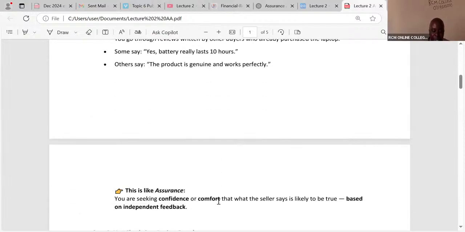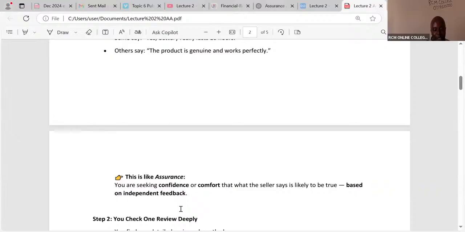All right, so this is like an assurance. I'm now being assured, I'm getting comfort from many people giving testimonies. You are seeking confidence that what the seller says is likely to be true based on independent feedback.